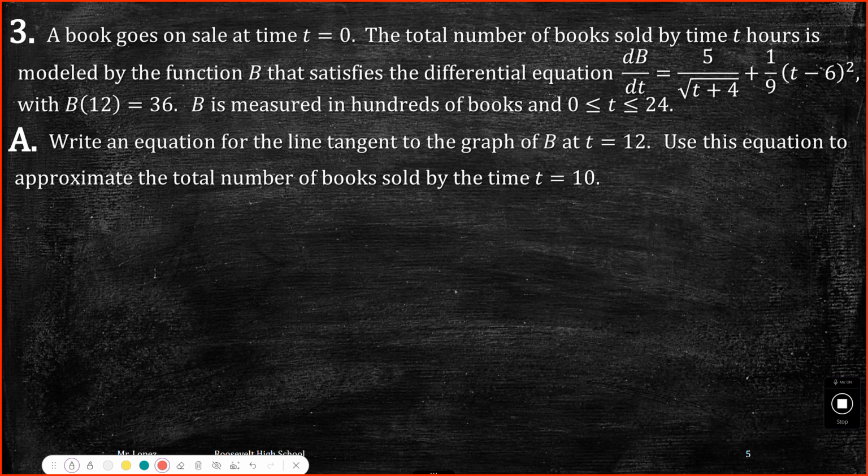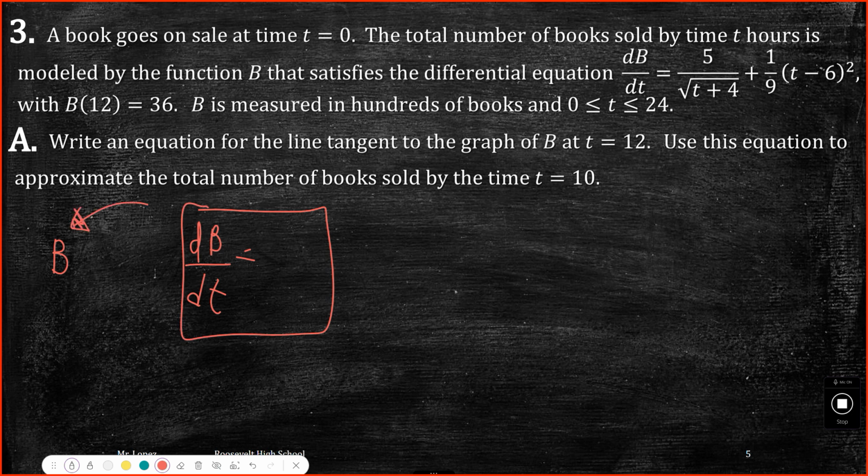So yeah, we're now getting more abstract with this, and these are the type of questions that you see on the AP exam. So what is dB/dt? dB/dt is the derivative of B. We are given this, but we don't know what B is.